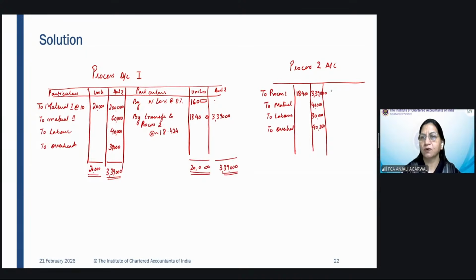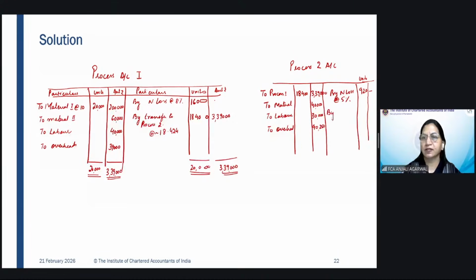Once again, process 2 also has some normal loss at the rate of 5%. So 5% of 18,400 will be 920 units. Nothing is mentioned about the realizable value. So nothing will be there in the amounts column.